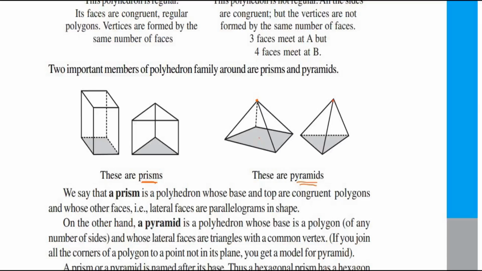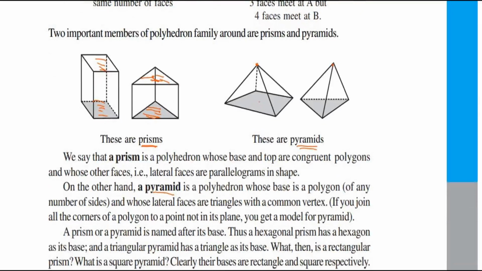So a prism is a polyhedron whose base and top are congruent polygons. See, the base and the top are congruent polygons, and whose other faces, lateral faces, are parallelograms in shape. Pyramid is a polyhedron whose base is a polygon.